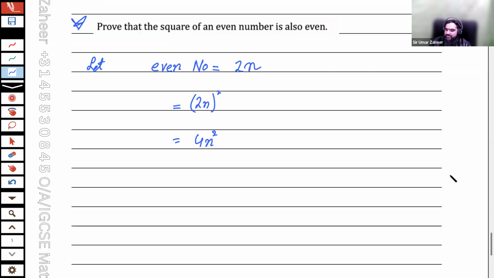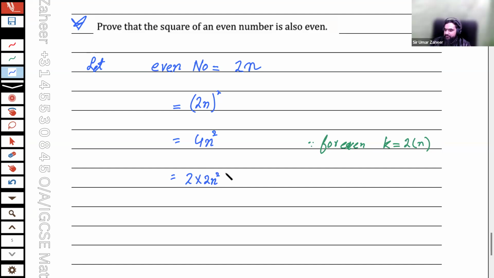Yes, everyone. Any question till here? To prove that it is even, the number must be equal to 2 times something. All right. So let's see how to break it down. It can be written as 2 times 2n square.